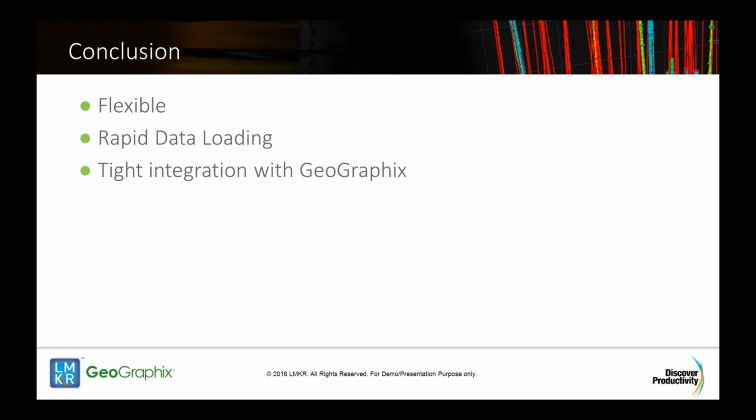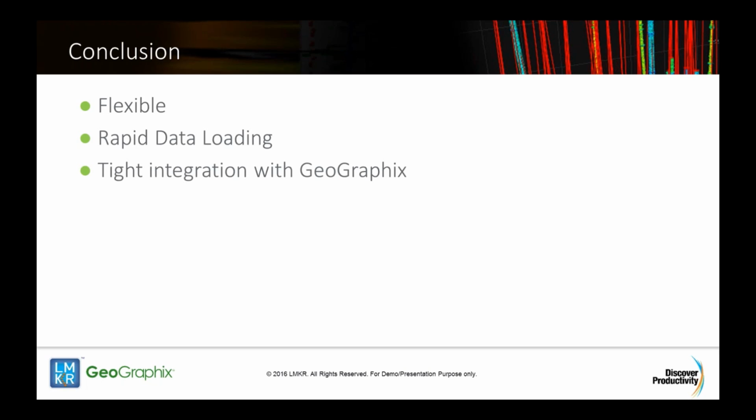But it does have tight integration with GeoGraphix. So if you do use GeoGraphix for your steering, it's only a couple of button clicks from the time that you drag in your LAS or your LWD, or that survey, to the time it's in GeoGraphix. So it's very, very quick to geosteer, and you can do it anywhere.